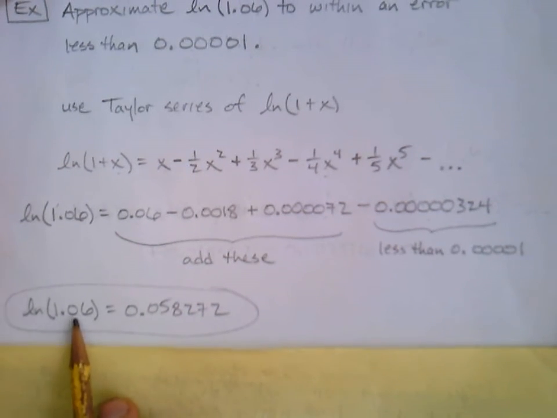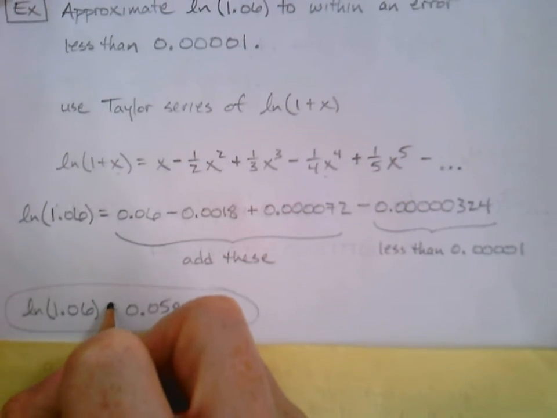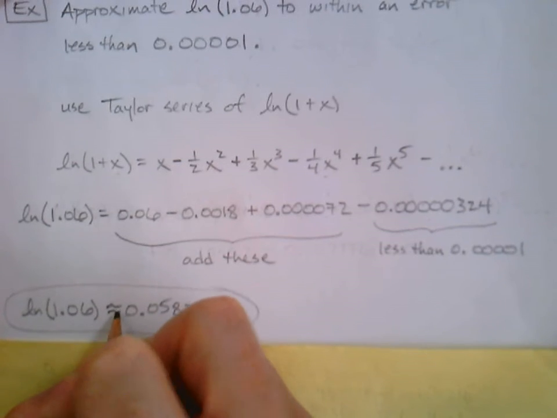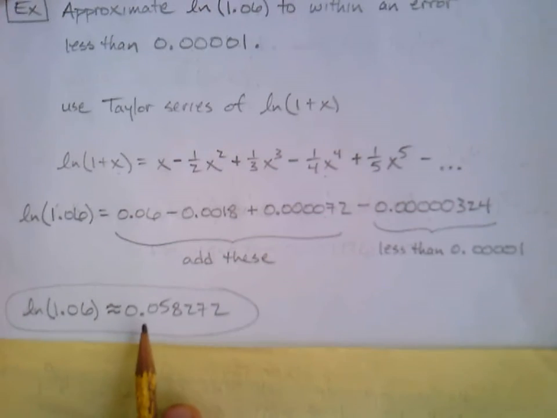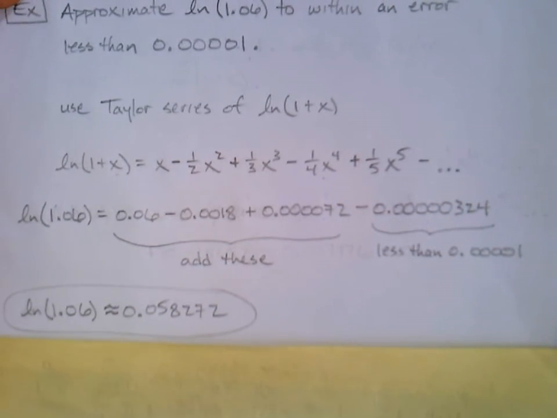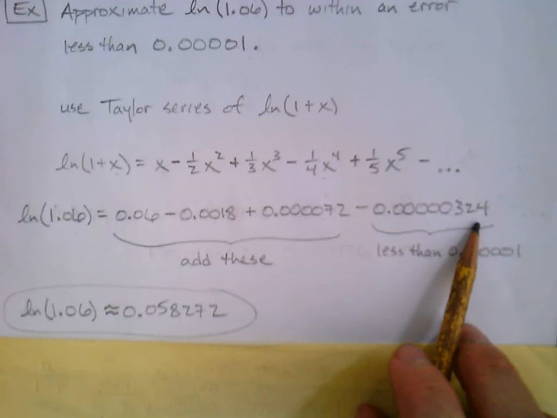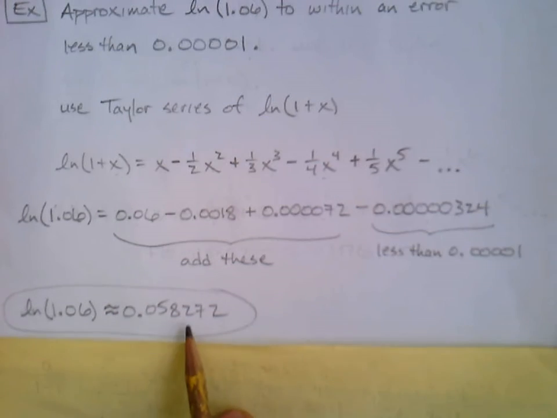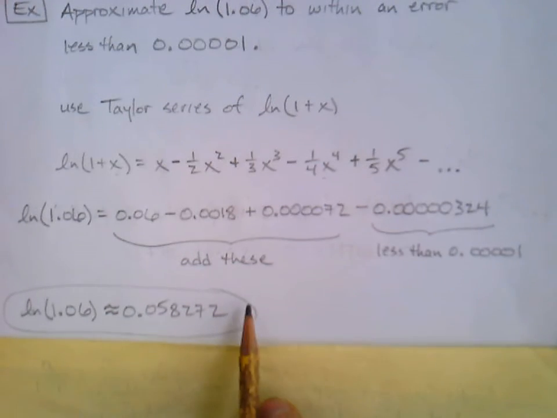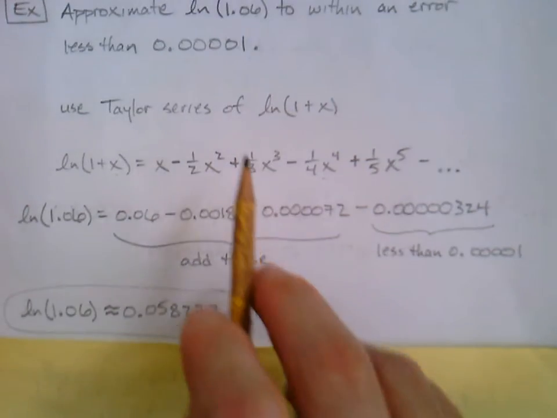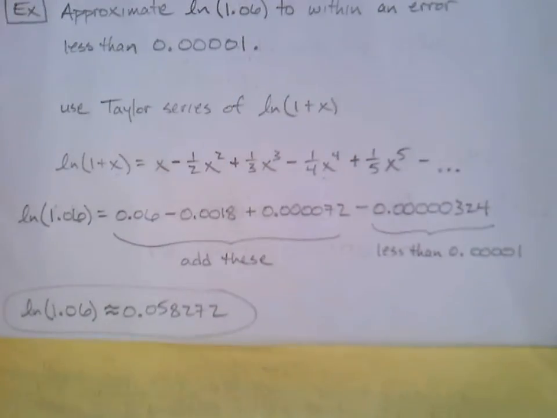The natural log of 1.06, I should really say, is approximately equal to, adding those, 0.058272 when I put those together. If I was to include the next number, it would only change the value a smaller amount than what I am even concerned with.